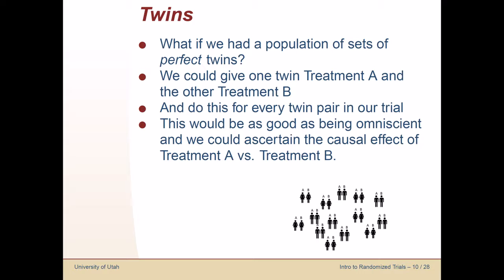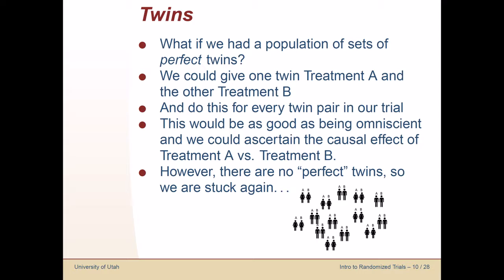Perfect in every way, including what outcome they would experience on either treatment. In that case, we could give one twin treatment A and the other treatment B. And if we do this for every single twin pair in our trial, then that's going to be just as good as being omniscient, because we could know the causal effect of treatment A versus treatment B for any of these individual twins, and then combine that information to get a population assessment of the effect of treatment.